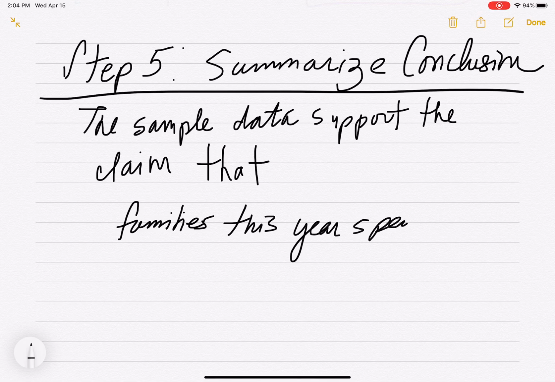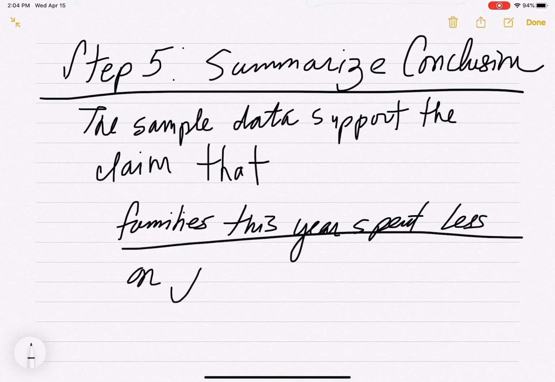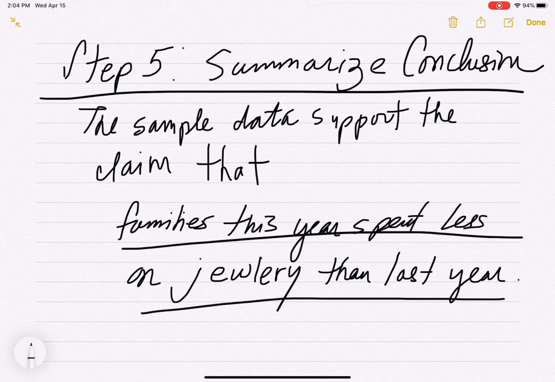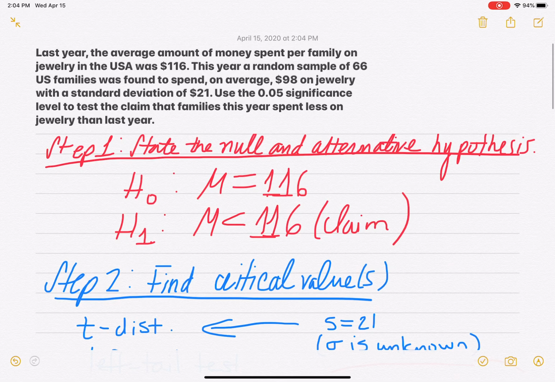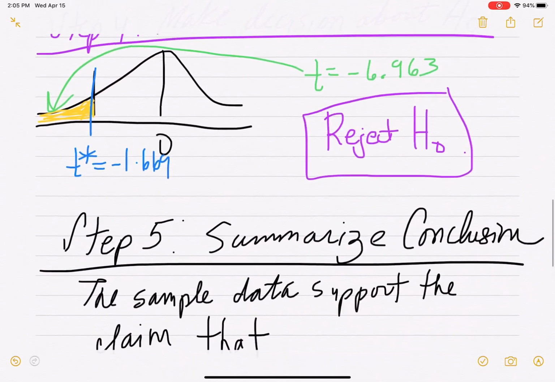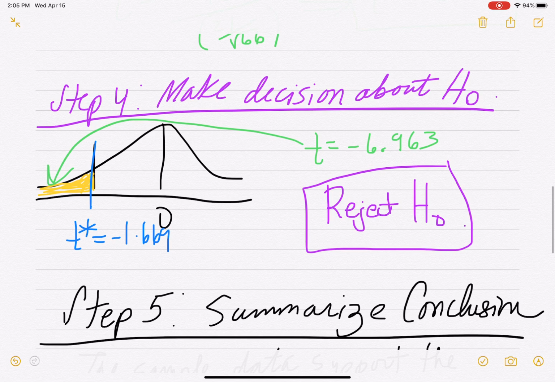How do you spell jewelry? That's how you spell it. Spent less on jewelry than last year. There we go. That's another hypothesis test. Let's analyze a little bit. It was a left tail test, right? Yeah, that's a left-tailed T test.